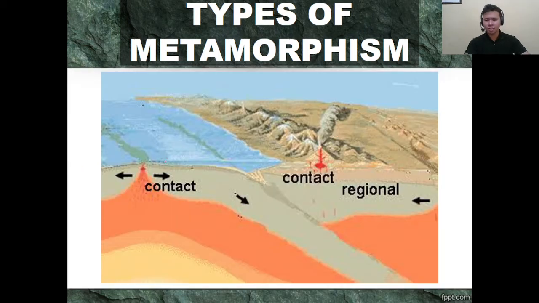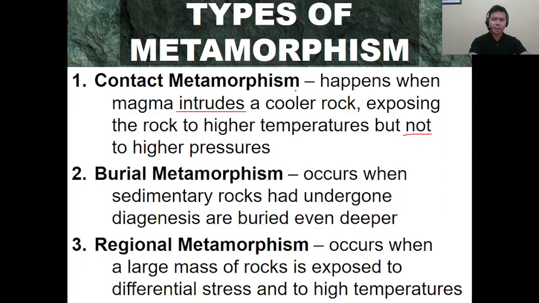Let's say, for instance, in a volcanic eruption, a magma gets contact with a cool rock. Once a cooler rock is in direct contact with magma, it melts. As it melts, it turns to become a metamorphic rock, or it turns to become an igneous rock. But more with igneous rock because of the absence of high pressure.